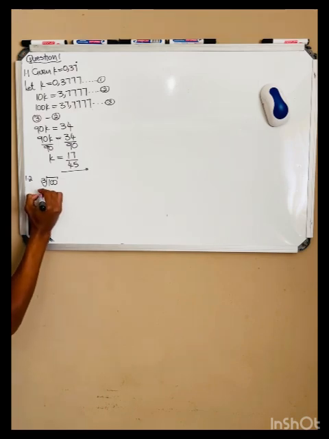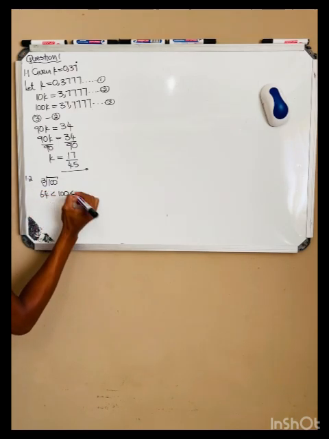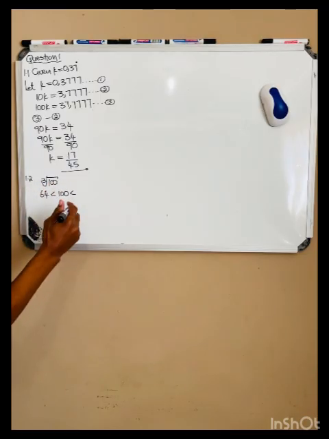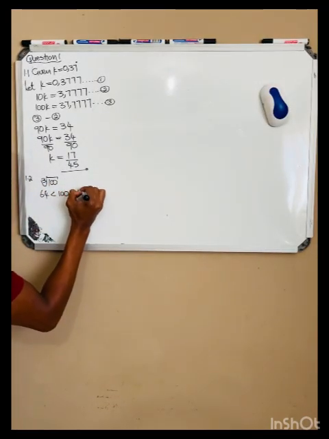Obviously, I know I'm going to have 64 being less than 100, being less than, and you know that 5 cubed is 125.